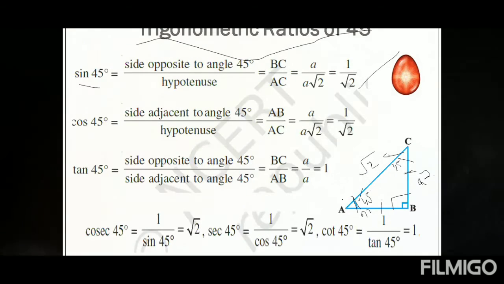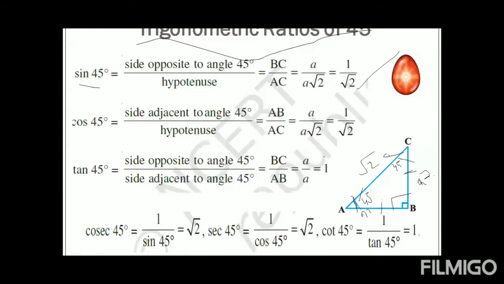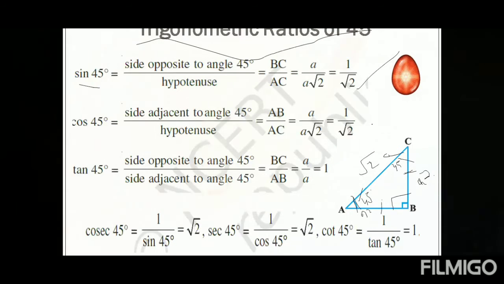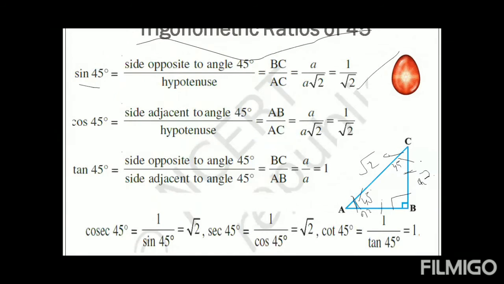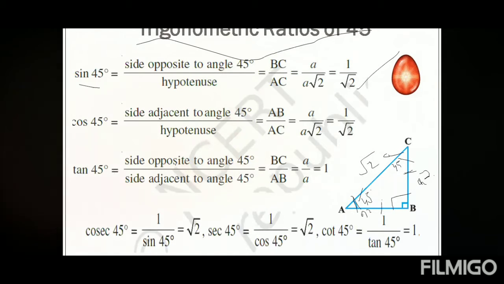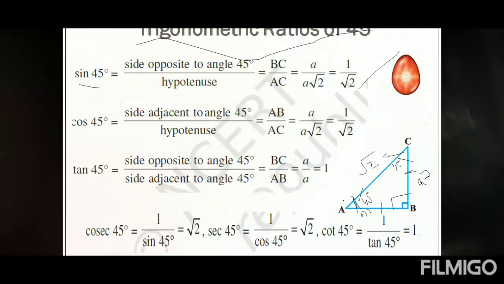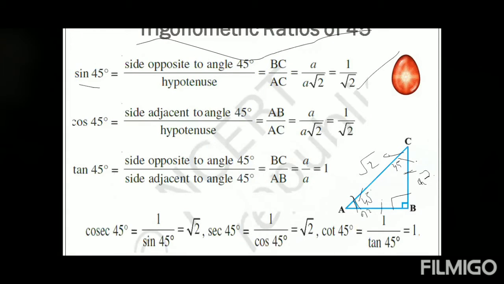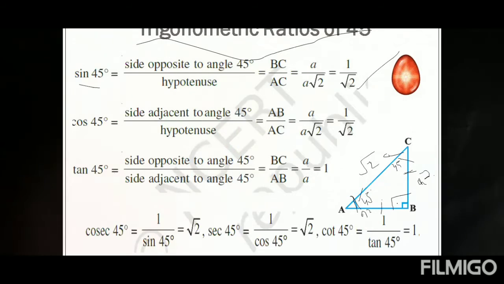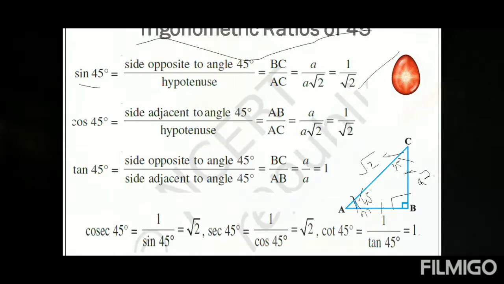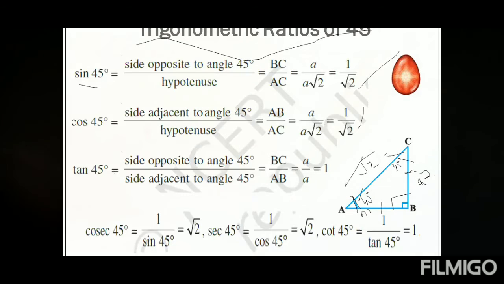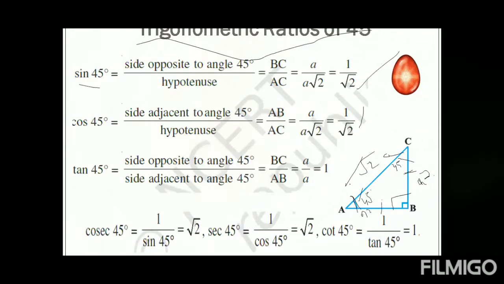AB is a and AC is a root 2, and it's also 1 by root 2. Tan is opposite side by adjacent side. From angle A, BC is opposite and AB is adjacent. So a by a equals 1. This is the simple thing we have learned till now.